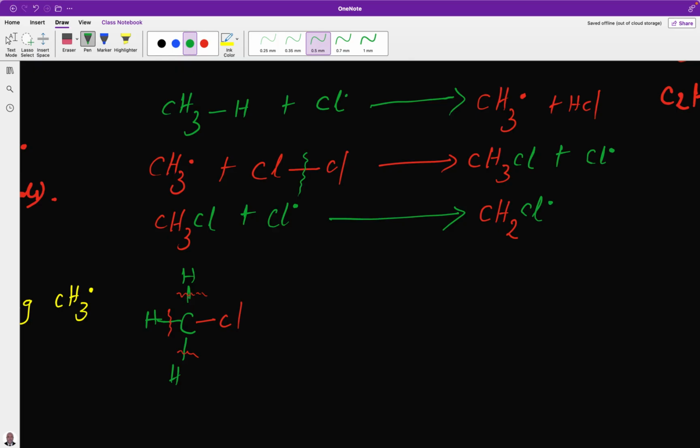The carbon here is left with 1 electron. That is why there is this. So it will be CH2Cl with that single electron that is here. Then hydrogen goes with the single electron. The single electron with the hydrogen will combine with another single electron here to form what we call HCl.